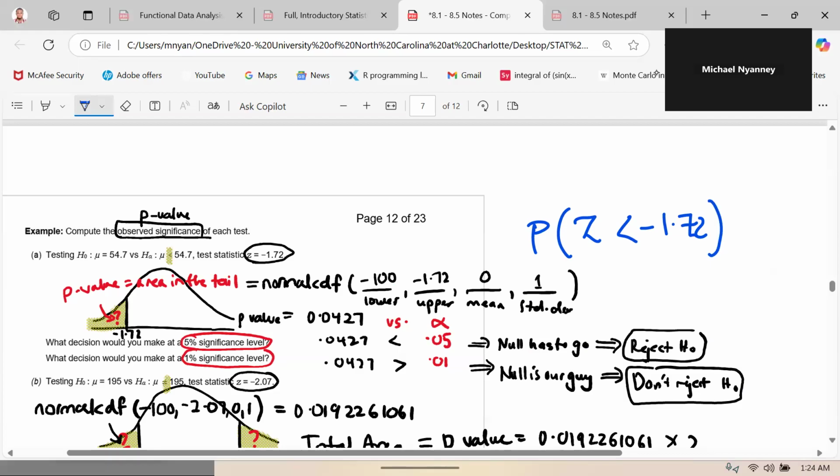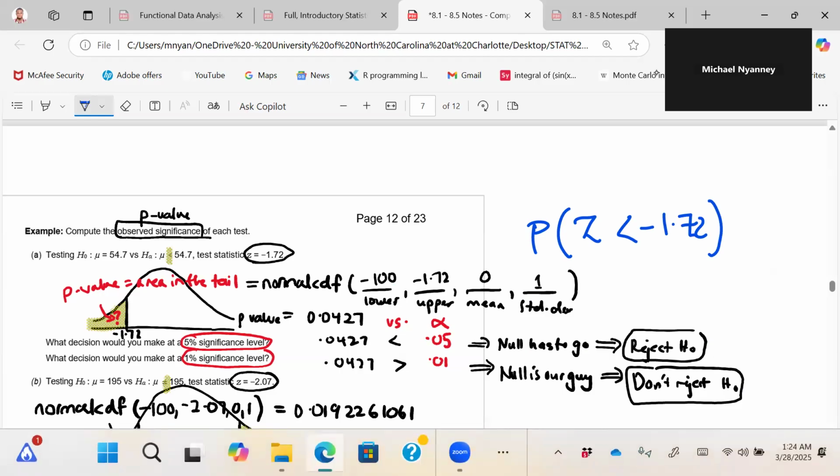How do we do this? Remember, in previous chapters, you've been able to find the probability of our z. So what you do is that you use your normal CDF. We pick from minus 1.72 to what? Negative infinity. So minus 1.72 will be your upper value, and any value that you choose will be your lower value.